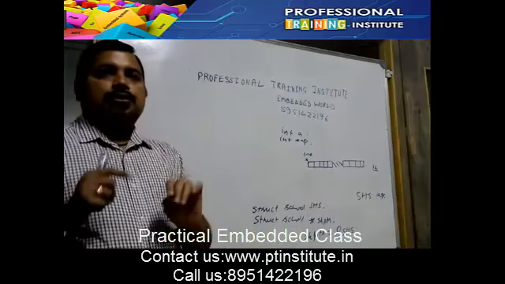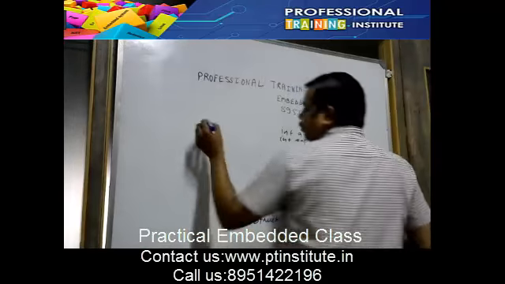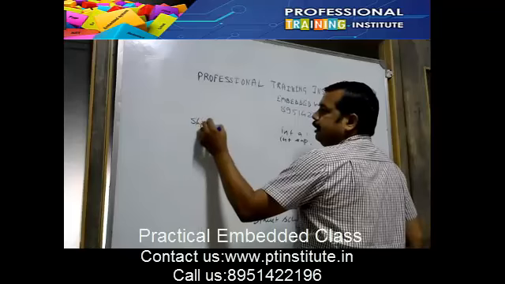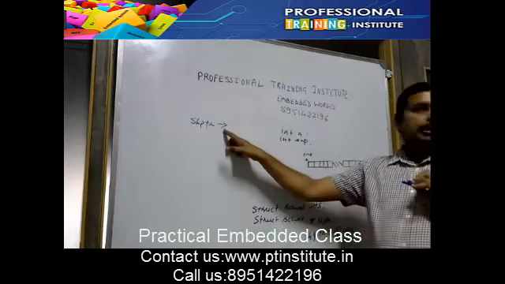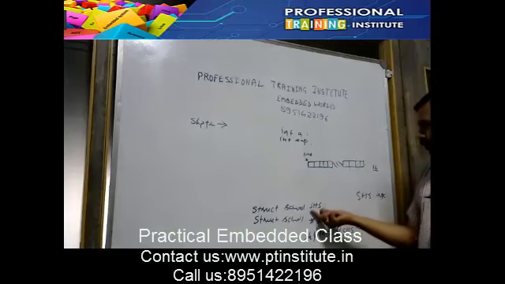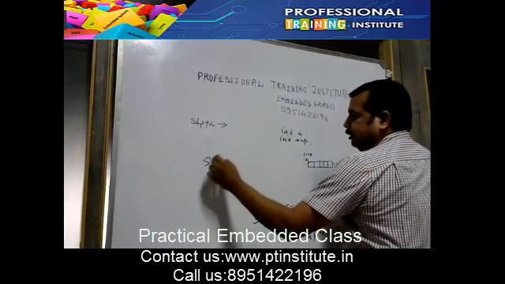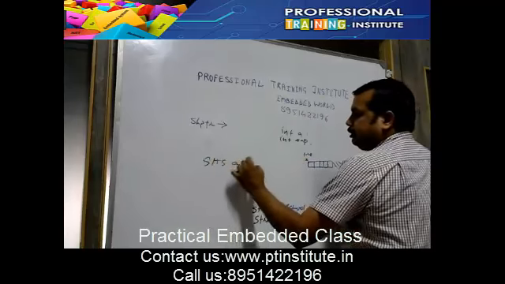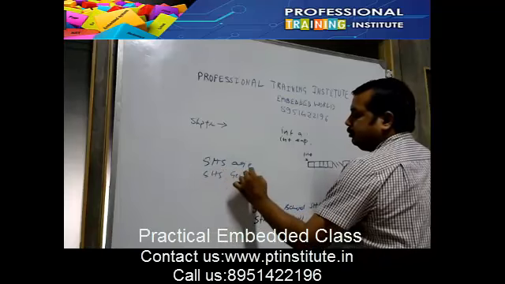Now how to use this thing? We are already aware of that, SHPTR, this is the arrow operator. If I have to use this object, what is the method? SHS dot age, SHS dot gender.